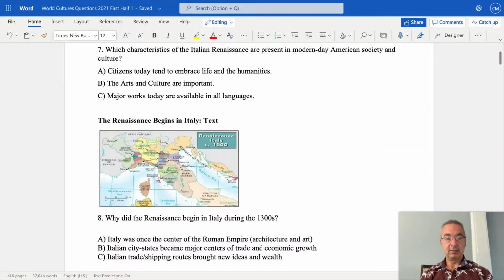The Italian city-states, and we can see on the map the different geographic boundaries, the different city-states. Italy is not completely united yet, so they became the major centers of trade and economic growth. A lot of the Italian trade and shipping routes brought new ideas and wealth as well.